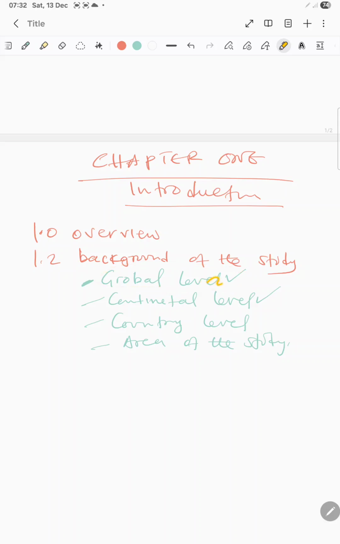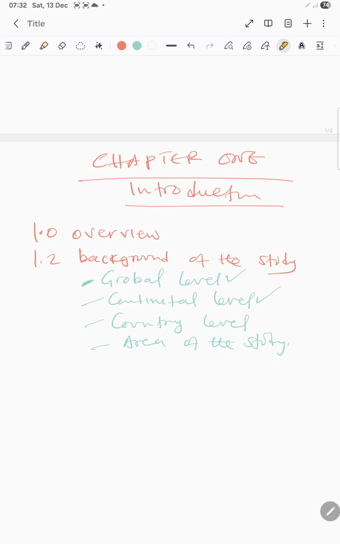So you start by acknowledging authors at global level. So for instance, we can say, according to Boniface, in Ghana 2020 stated that learners fail RE at grade 12 level because of so.